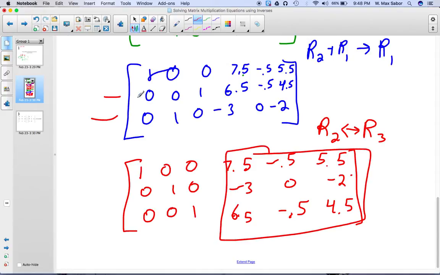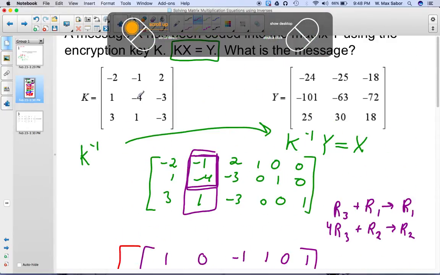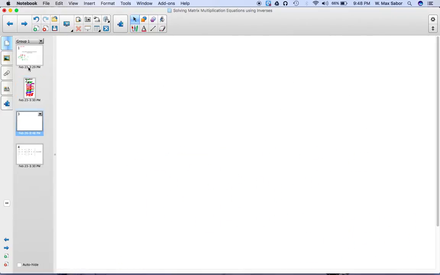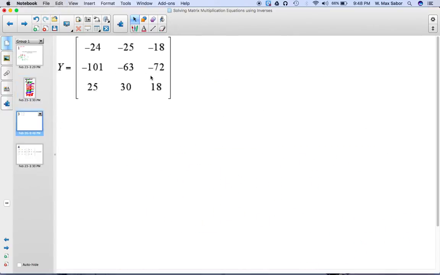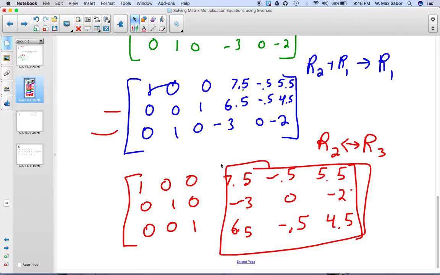So we're going to use that inverse matrix with y, and we're going to take that inverse matrix times y, and that'll give us our output. So let me make a new page. Here's matrix y. Here's our inverse matrix.